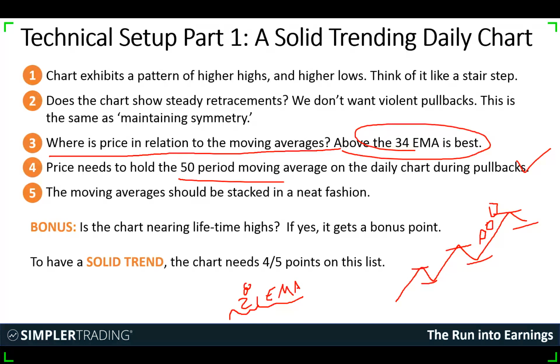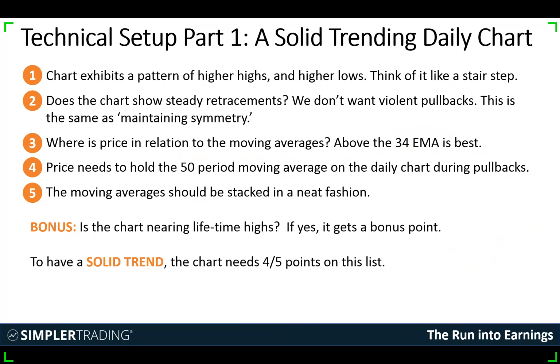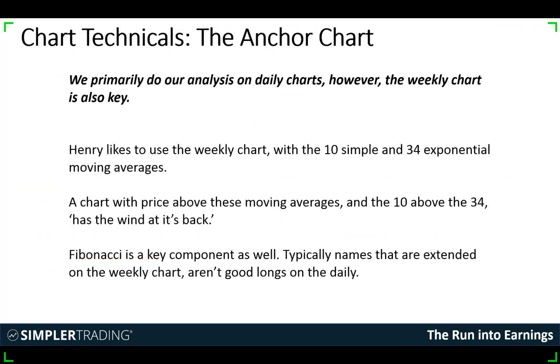And then to see a really nice strong trend, we also like to see stacked moving averages. This is a bonus that we aren't really going to get that much in this overall market condition, but if we do go back to a nice bullish trend, keep in mind if the stock is near lifetime highs, that is a great bonus to have.